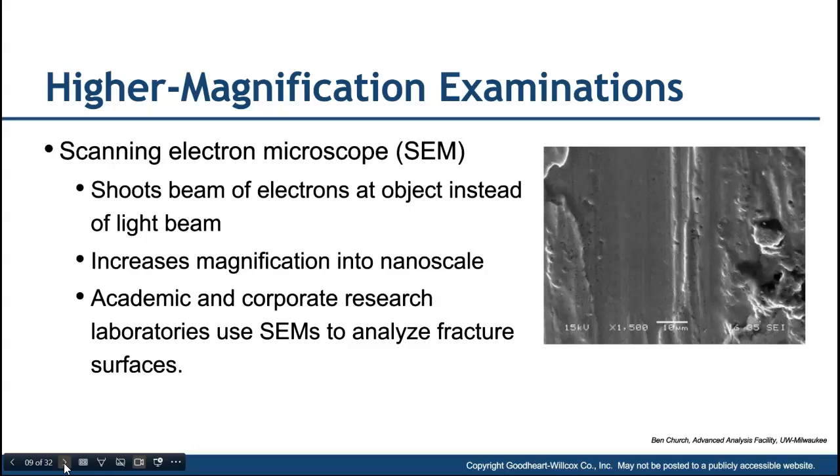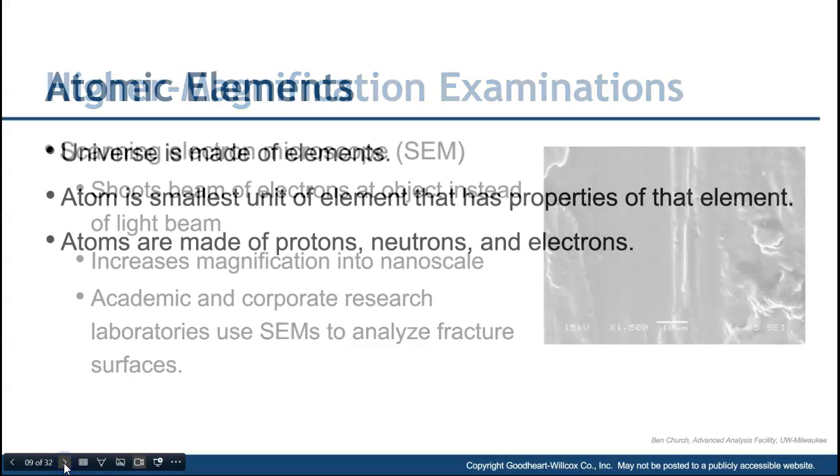This is used in academic and corporate research laboratories to help analyze fracture surfaces. I know that the University of Illinois has scanning electron microscopes. So does Eastern Illinois University in their industrial technology wing as well. I'm not sure how often it gets used, but they do have those tools in those locations.